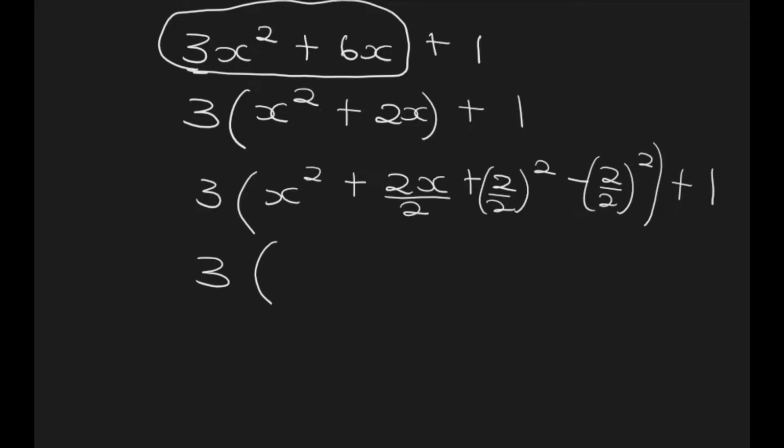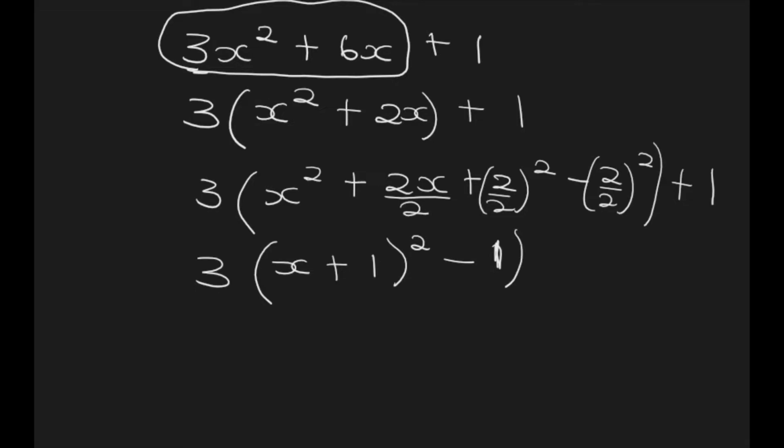Then we write the first 2 terms that are squared. The first one is x squared, so we write x, then we say plus. The second one is 2 over 2, which is just 1, so we write the 1 here, and then we say bracket, then we square. The next thing now, we then say minus 2 over 2 is 1, 1 squared is still 1, so we say bracket, we say 1 here.